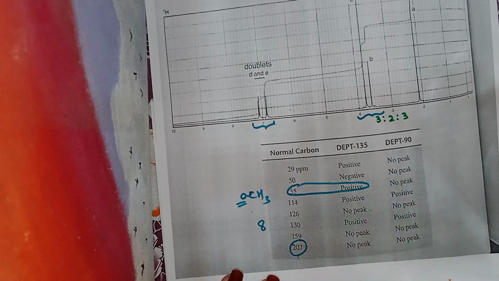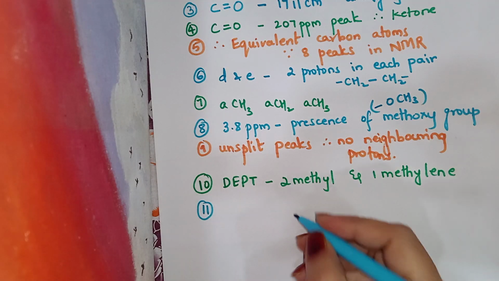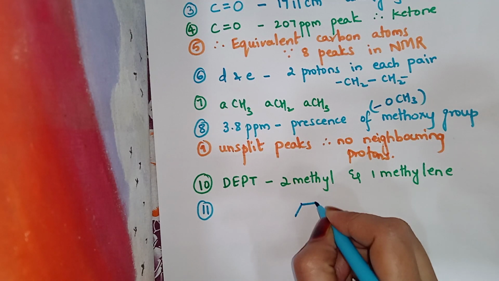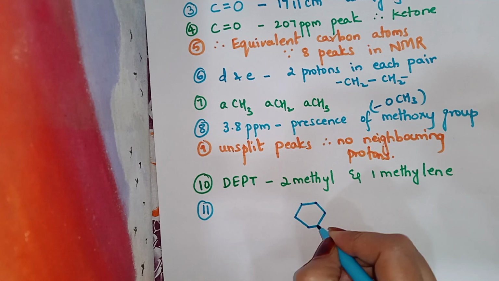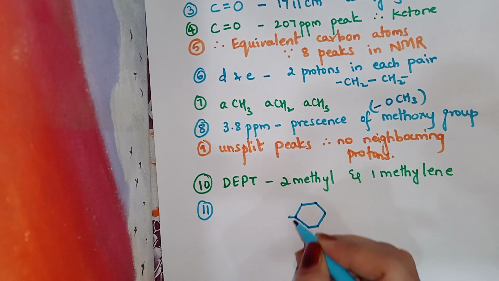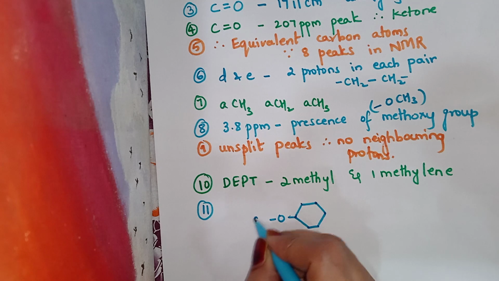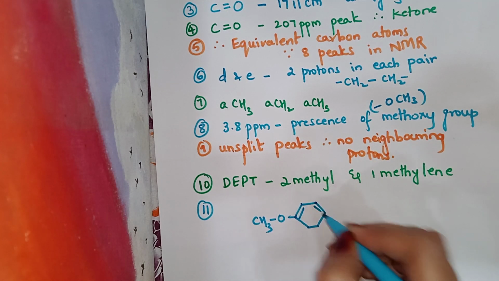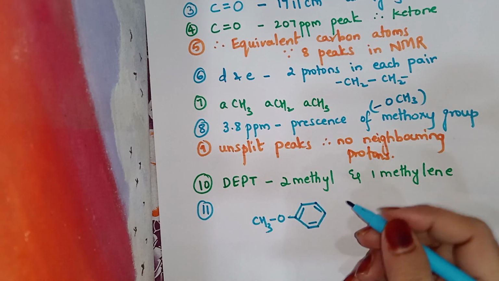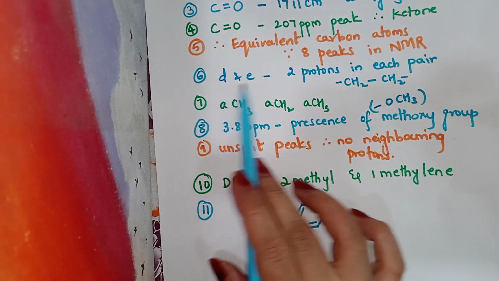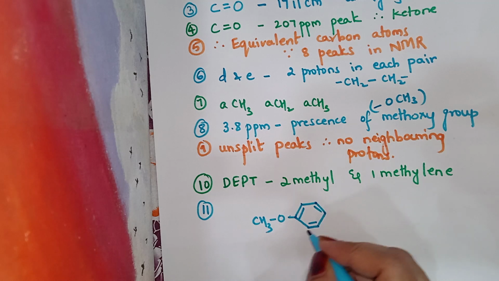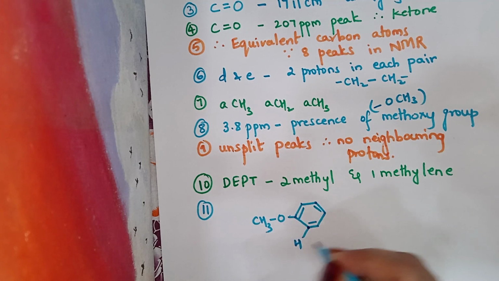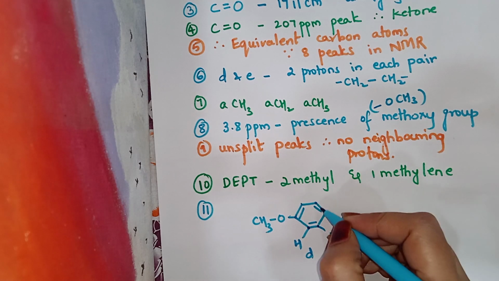a rough structural formula. An aromatic ring along with OCH3, and D and E having 2 protons each. So probably this is the E and D pair.